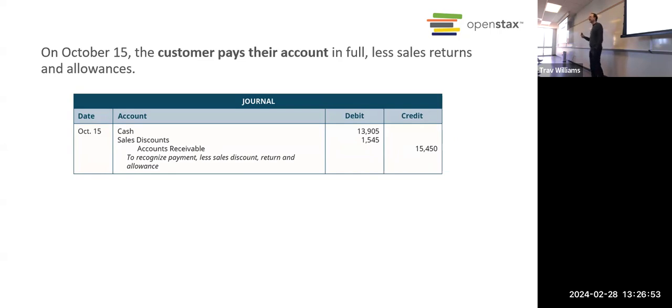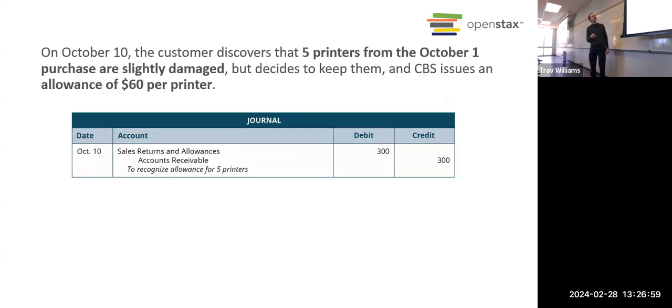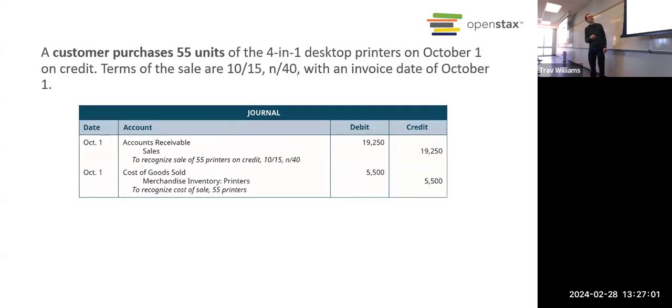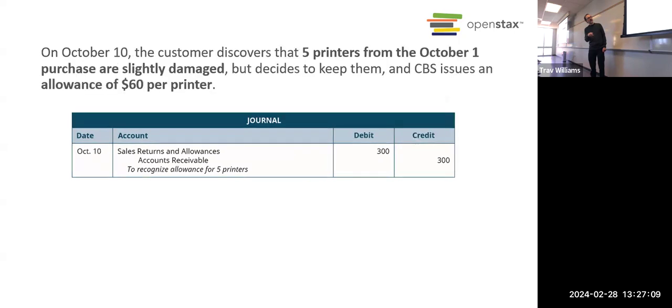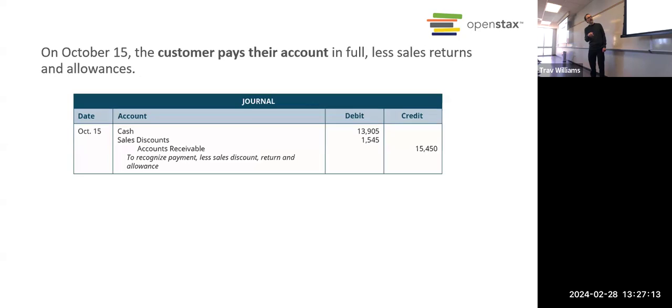So I know I didn't say that very clearly, but what it would look like if we were to go to the accounts receivable account, we would see a debit of $19,250, followed by a credit of $3,500, followed by another credit of $300, and then when they paid it off, a credit of $15,450.